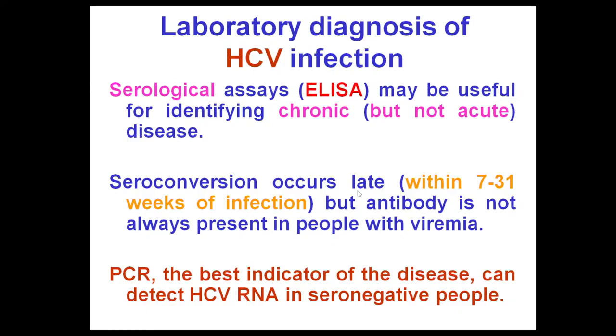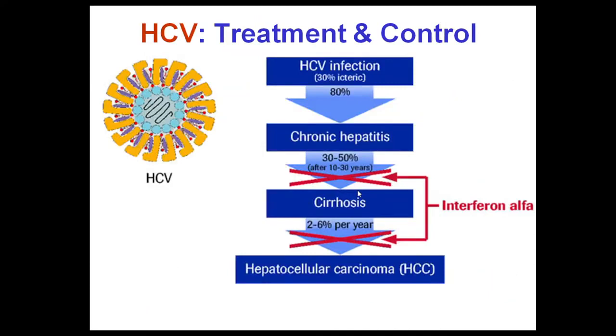That is the best indicator of the disease, with which the RNA of the virus can be detected even in those people who don't develop an immune response against hepatitis C virus. That is the general idea of the disease.